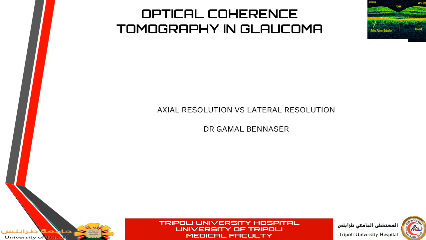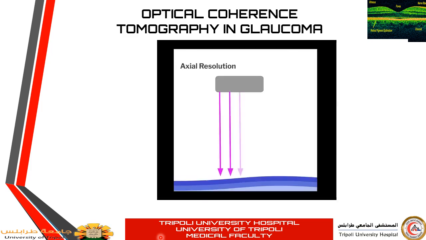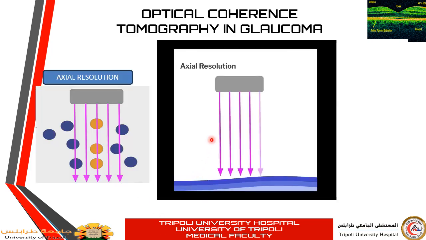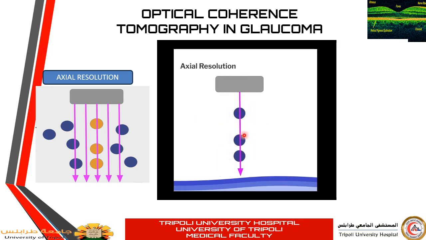There are two important terminologies that we face when we speak about the OCT machine. That's the axial resolution and the lateral or transverse resolution. Now, the axial resolution refers to the ability of the system to detect the distance between two reflectors parallel to the rays.